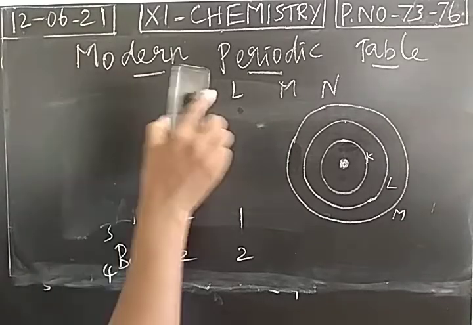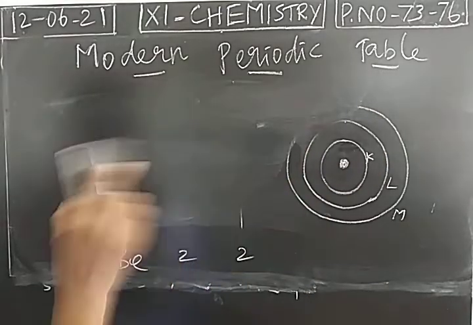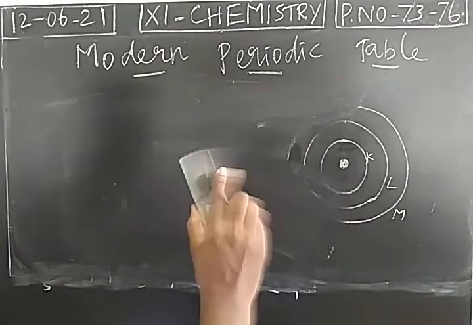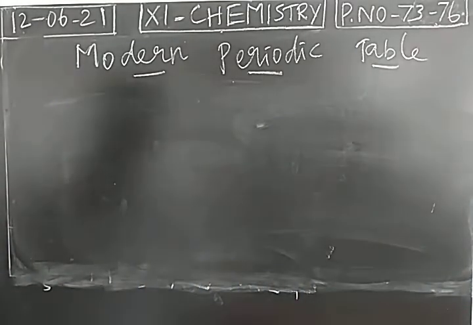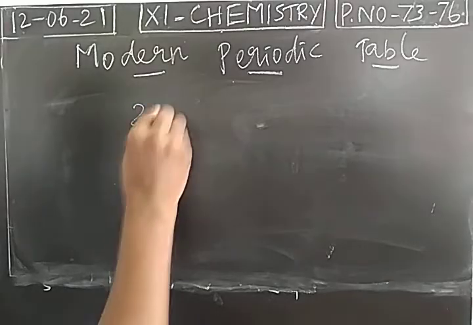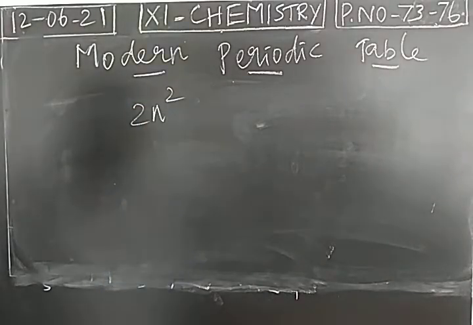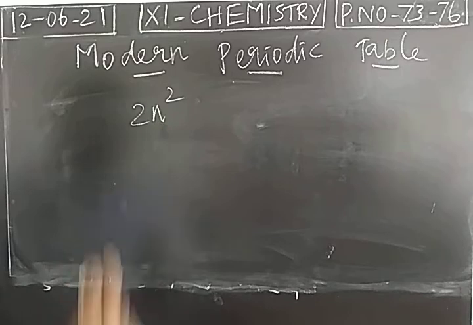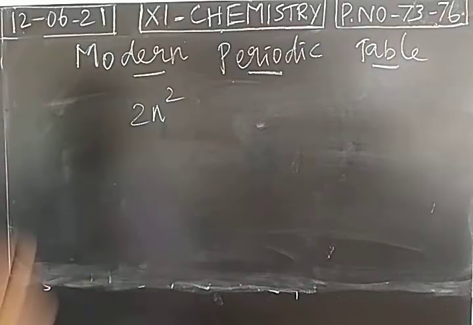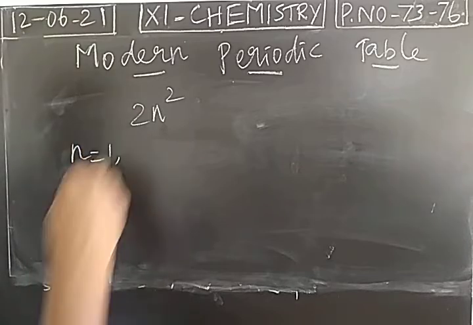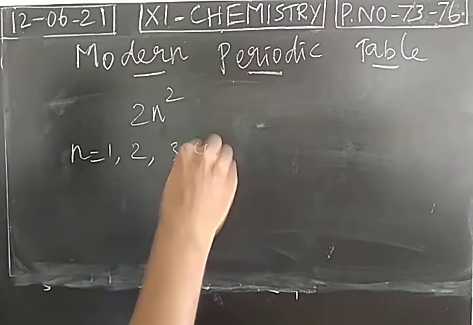And you know the formula for how many electrons can be placed in an orbit or shell. In Bohr's atomic model, you studied the formula 2n squared. Here n is the shell number: first shell, second shell, third shell, fourth shell. N may be 1 or 2 or 3 or 4 like that.